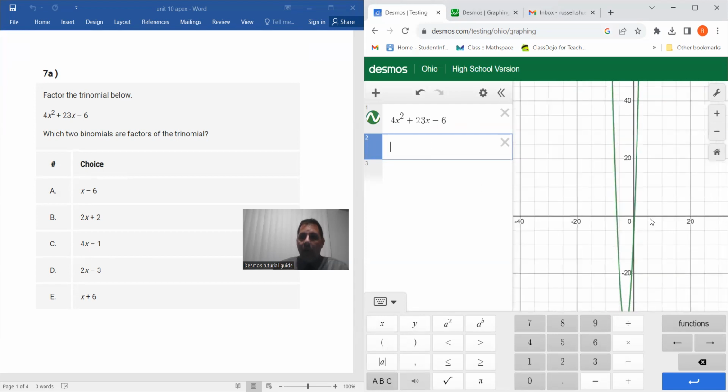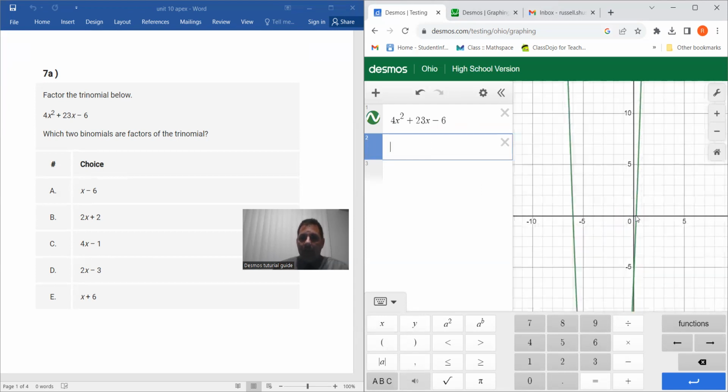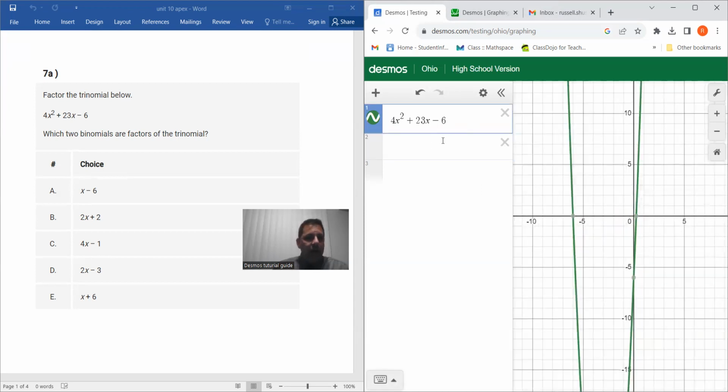So what we're looking for here, we'll zoom in a little, and we see 4x squared plus 23x minus 6. We're looking for these two places where y is 0, so -6 goes in, and so does 0.25. What I can then do is run this through.